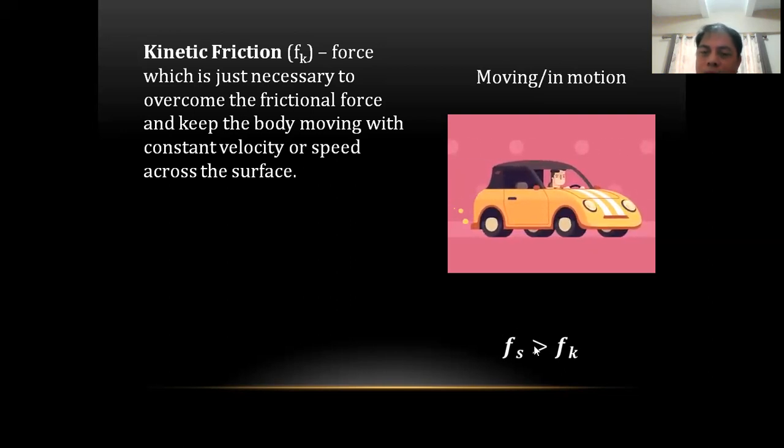Actually, there are three types of friction that we will learn. The last one, which is the least amount of friction, is known as rolling friction. Rolling friction is observed between the tire and the road. You notice that the tire of the car is not actually sliding on the road, but it is revolving.